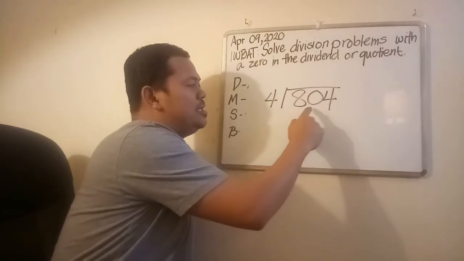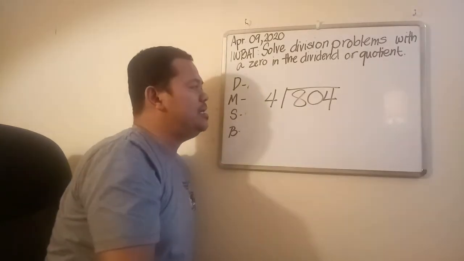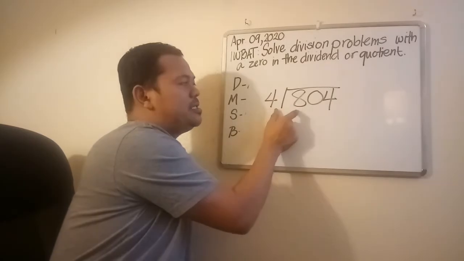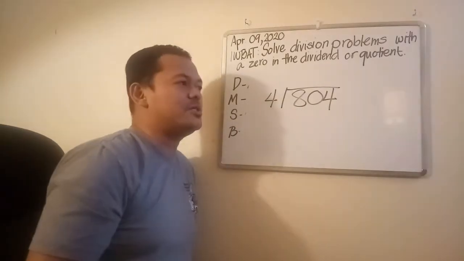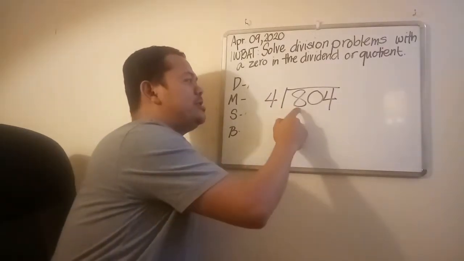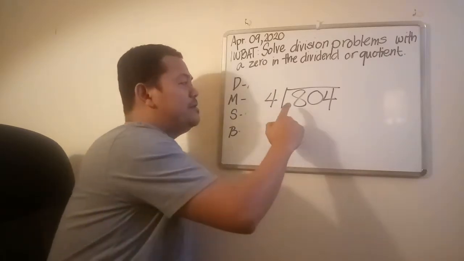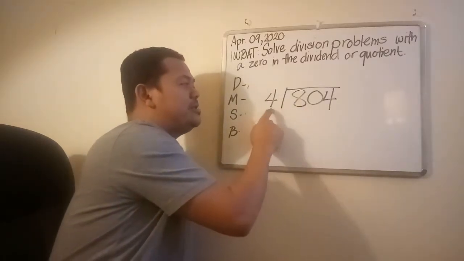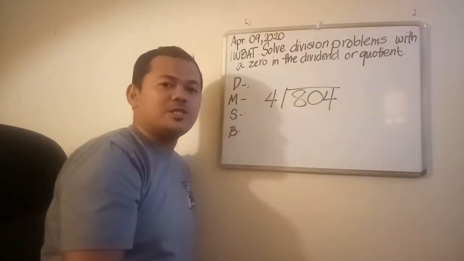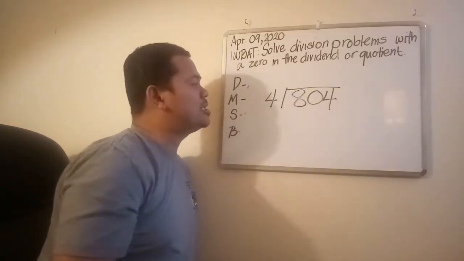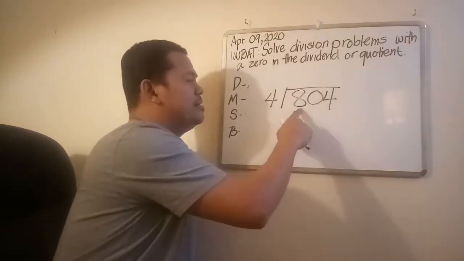We have 8, 0, and 4. The first number that is very close to your 4 is 8. We ask ourselves, is 8 greater than 4? Yes. Meaning, if our dividend is greater than our divisor, we can divide it. So let's start with this number.